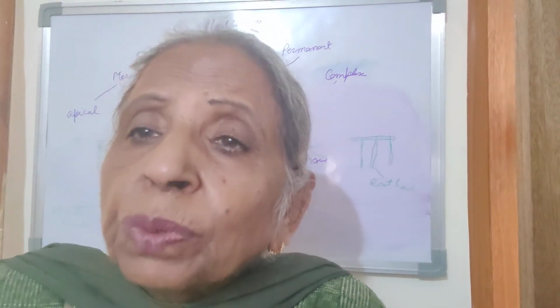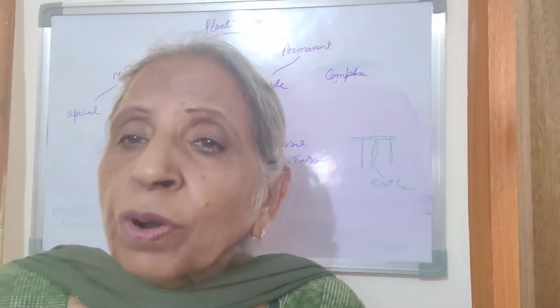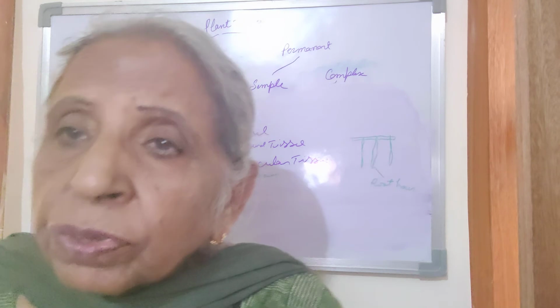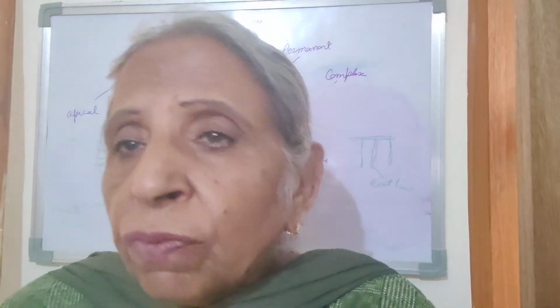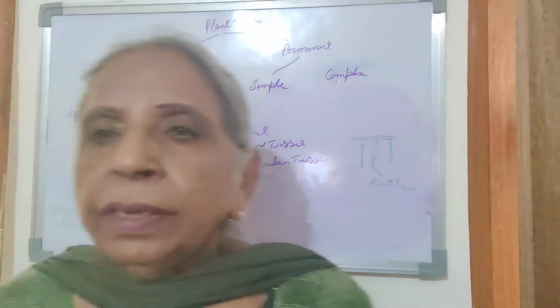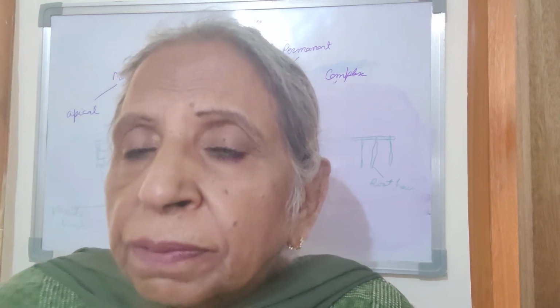What is tissue? Tissue is a group or cluster of cells alike in configuration performing the same type of function. So there is division of labor by forming the tissue. Different tissues perform different functions.